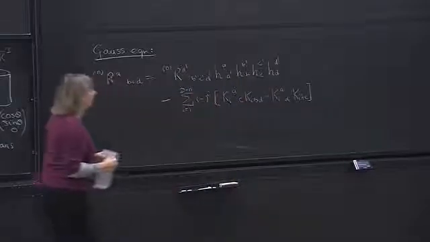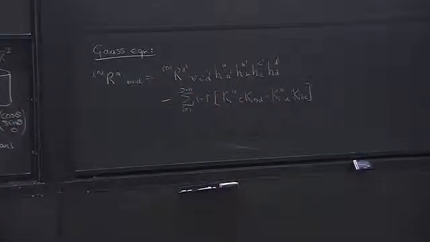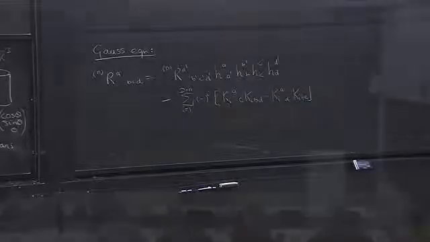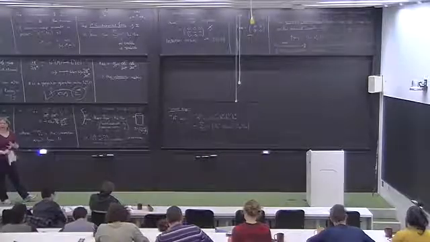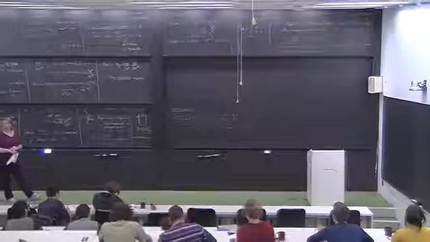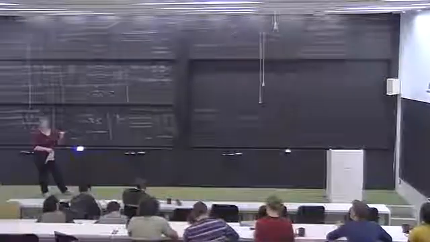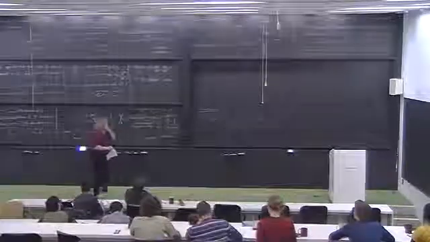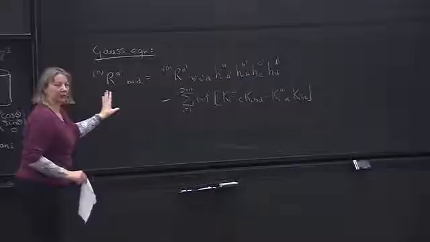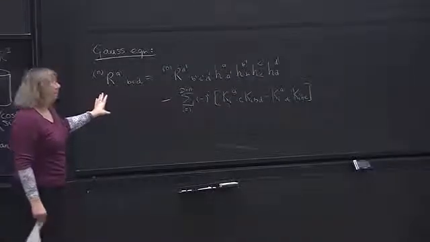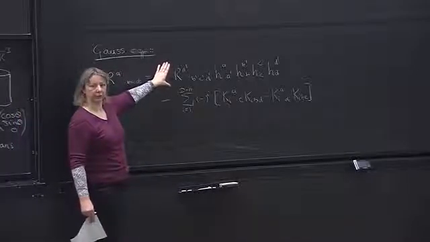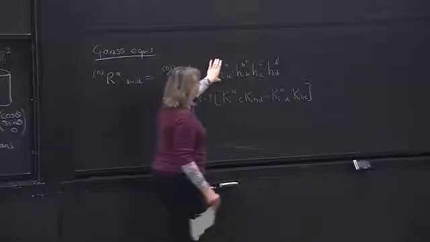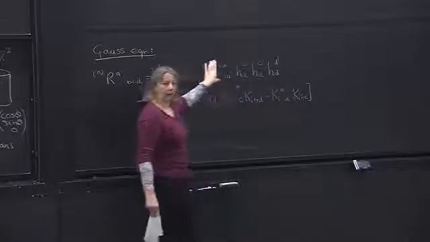So it's more or less what you might guess, or if you tried to write something down with the right number of indices and the right symmetry, this is more or less all you can write, and it is also quadratic. More or less, this is the only thing you could think of writing down. But notice what it does: it says, take your higher dimensional Riemann curvature, project it parallel to the manifold.